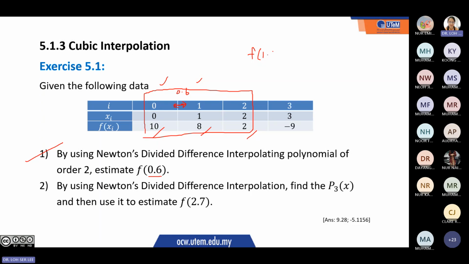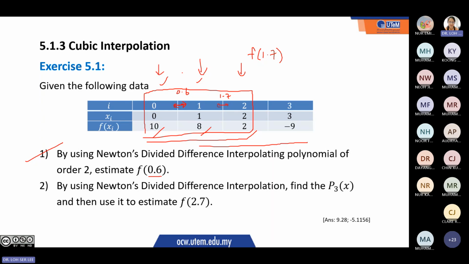If you want to estimate f of 1.7, do you want to use the first 3 points or the last 3 points? The last 3 points, yes. Why? 1.7 falls in between 1 and 2. We will take these for sure for 1.7.